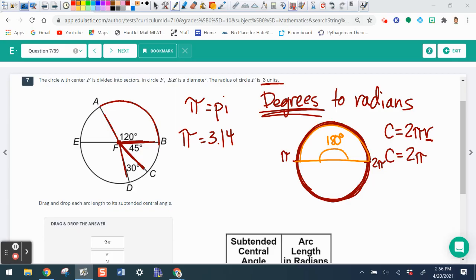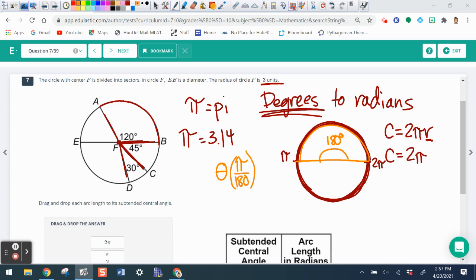So when converting degrees to radians, we are going to multiply our angle measure, which we usually denote with this Greek letter theta. It's not just a circle with a line through it, it's actually a Greek letter called theta. We're going to multiply theta, our angle measure, times pi over 180.